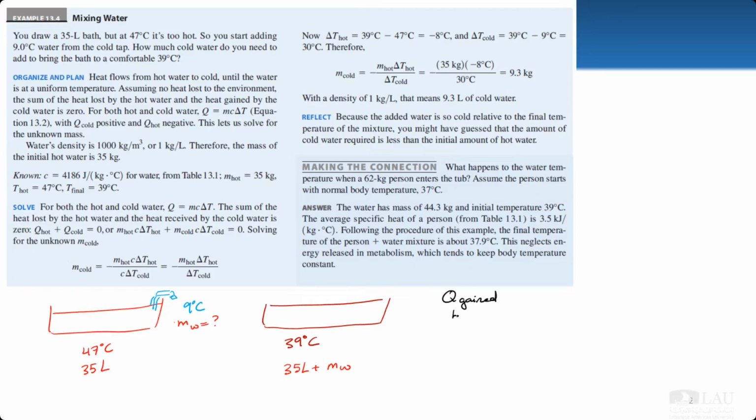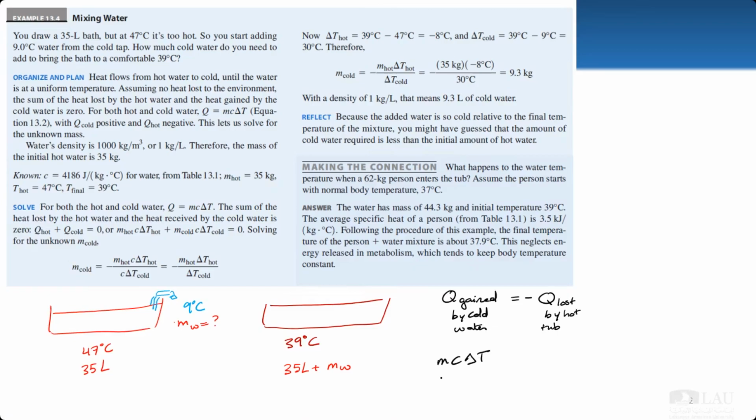This is Q gained by the cold water. Always the cooler object gains energy. This is minus Q lost by the hot tub water.